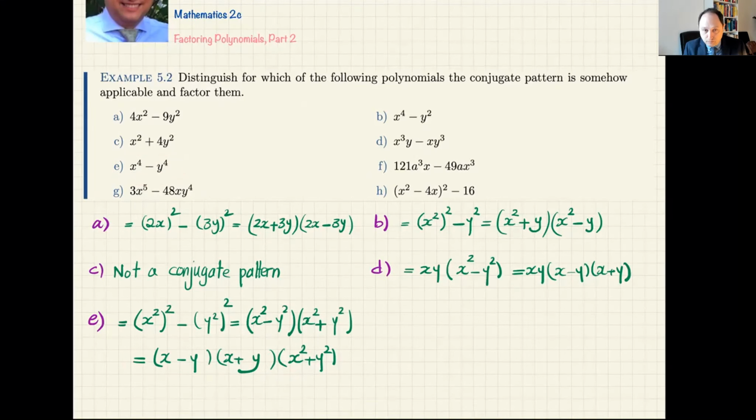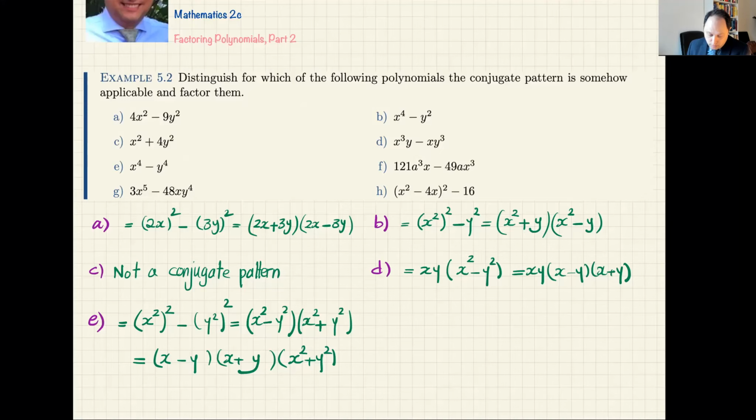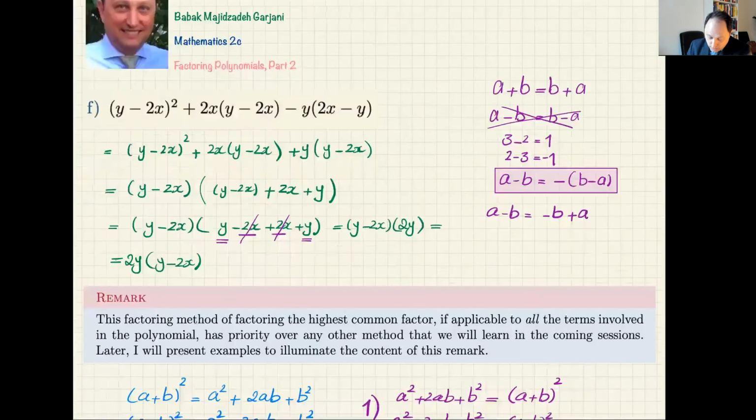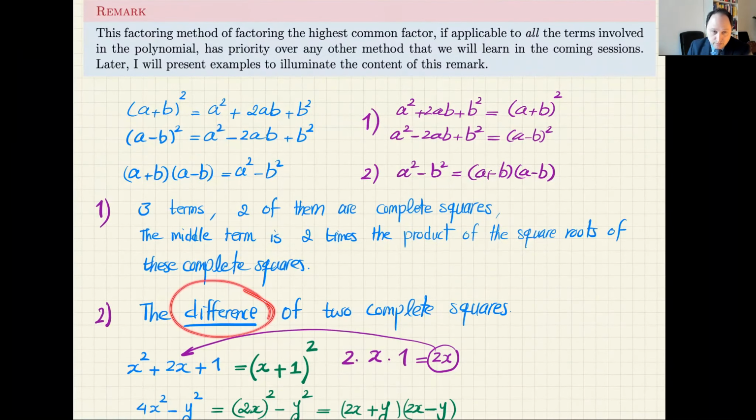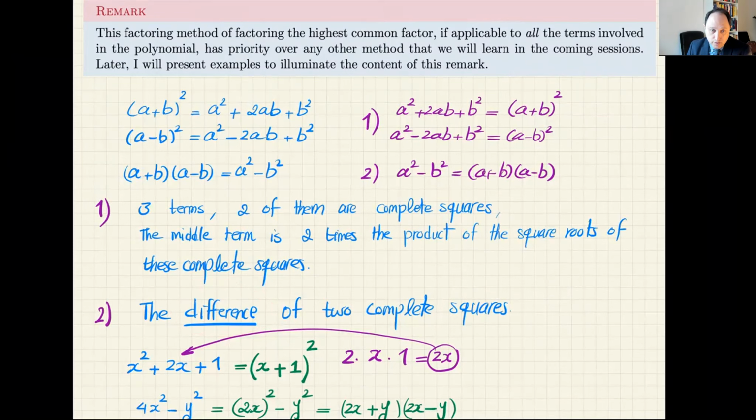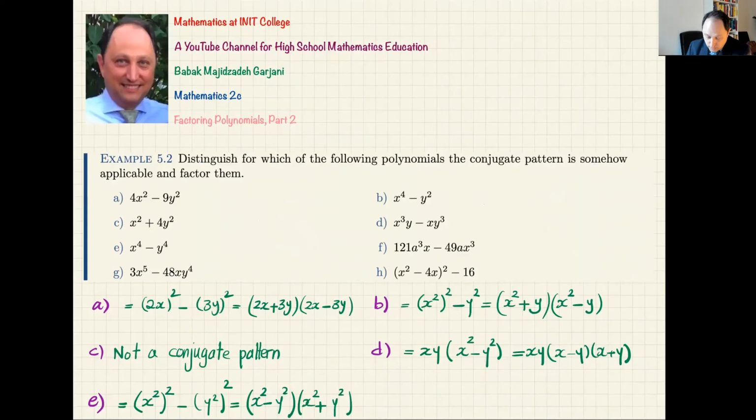Okay? Babak, yes? I didn't quite follow on the number either. You might have explained it, but I don't think I understood. Why is the third bracket not in a conjugate pattern? No, because the conjugate pattern is the difference. Here you see, I have emphasized the word difference. If I have the difference of two completed squares, it's a conjugate pattern, yes?